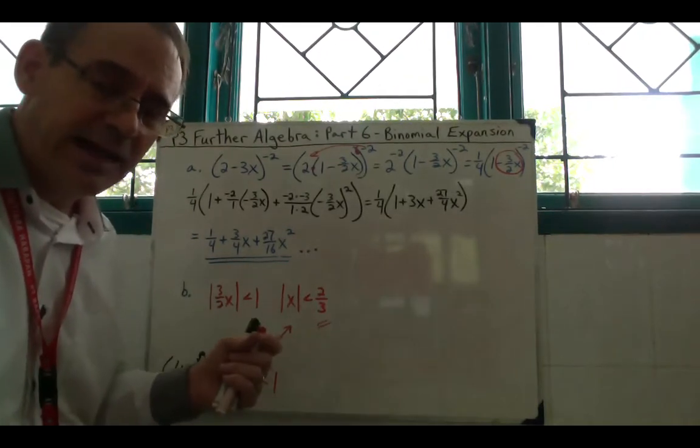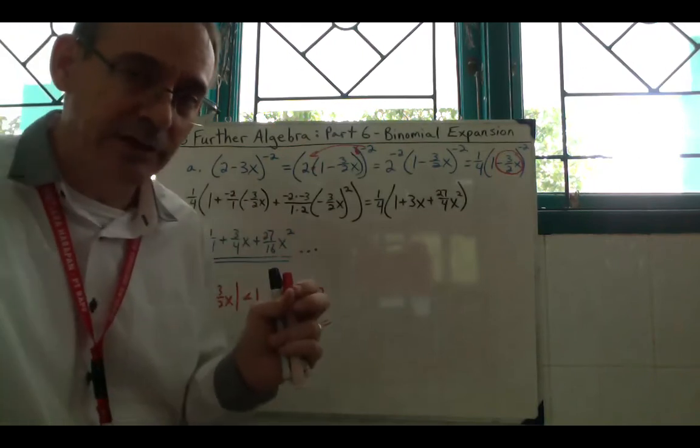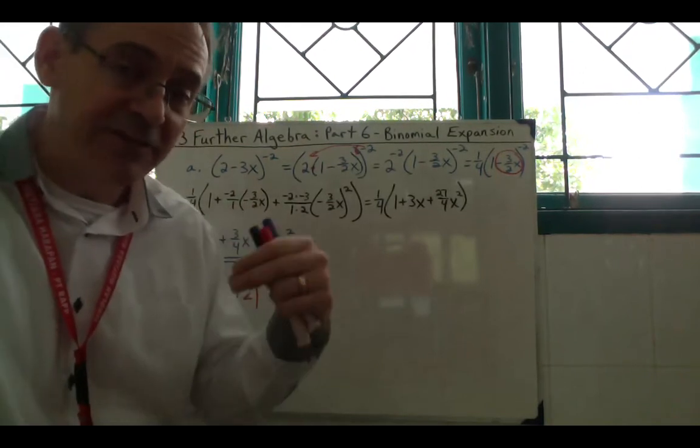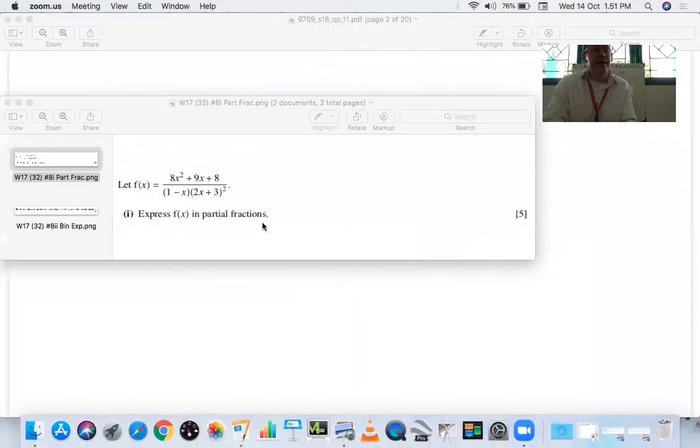Now let's look at the same question of this binomial expansion, but as a follow-up to a partial fraction. Okay, let's look at our next example here. And maybe you remember this from our part 4 video series where we did partial fractions with the simple and repeated factors in the denominator.